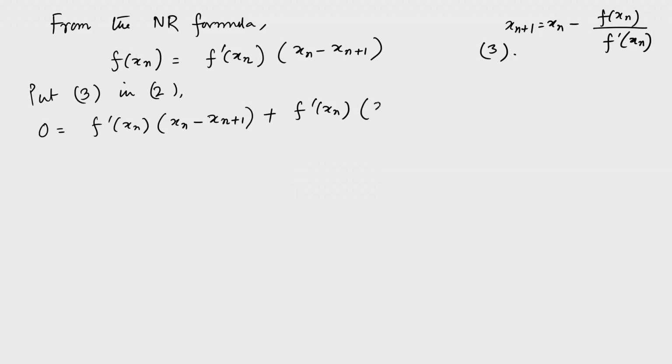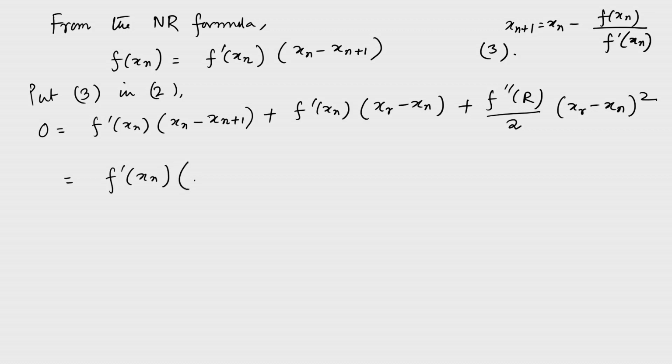This is equal to x r minus x n. Remember, we have taken x n plus 1 equal to x r, and then we have the second-order term, which has a 2 factorial, and x r minus x n whole square. So, if you simplify this, this becomes equal to f of x n times x r minus x n plus 1.